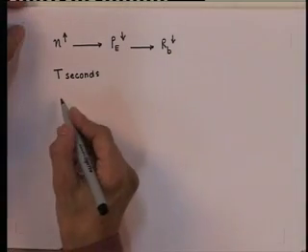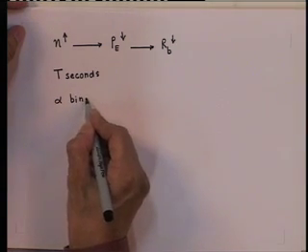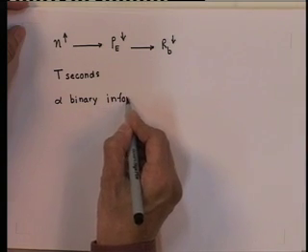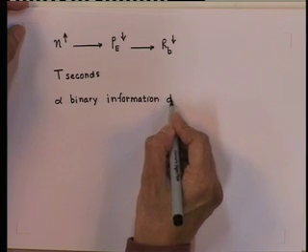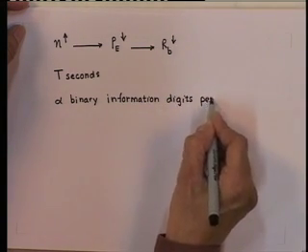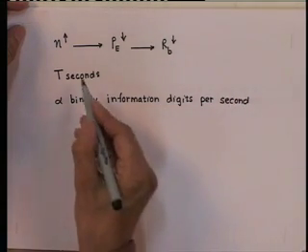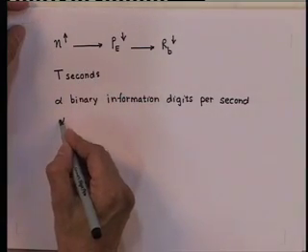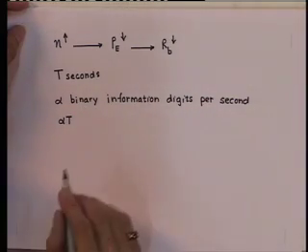Suppose we need to transmit alpha binary information digits per second, then over a period of t seconds we have a block of alpha t binary information digits.